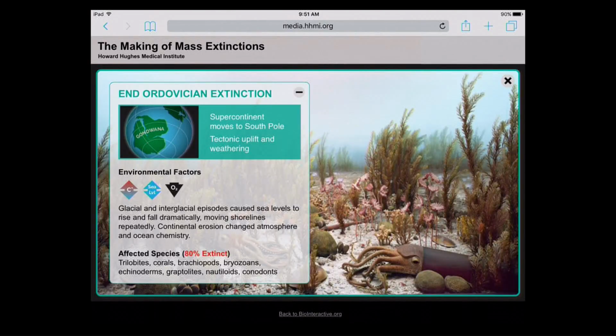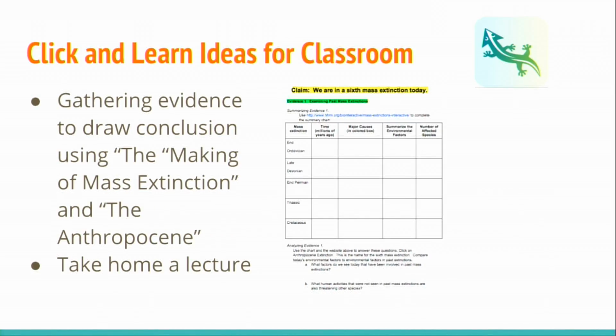As you click on each of those, you can see, like the end of the Ordovician extinction, you have your carbon dioxide levels, your sea level, and things along those lines, and then 80% extinct.